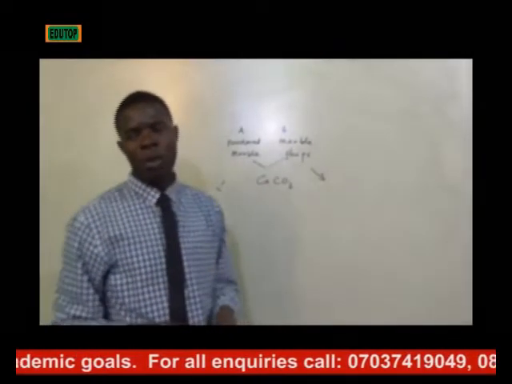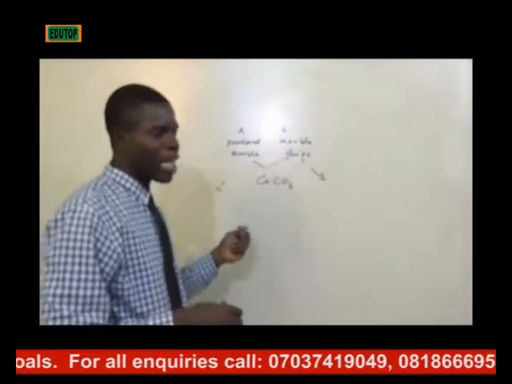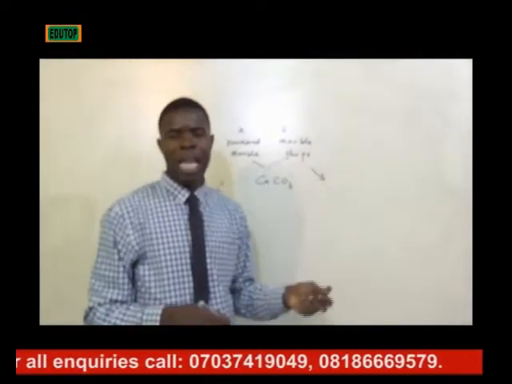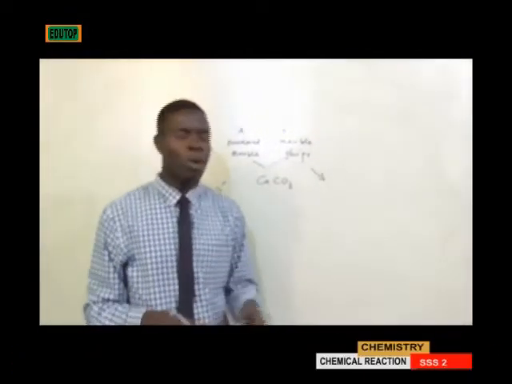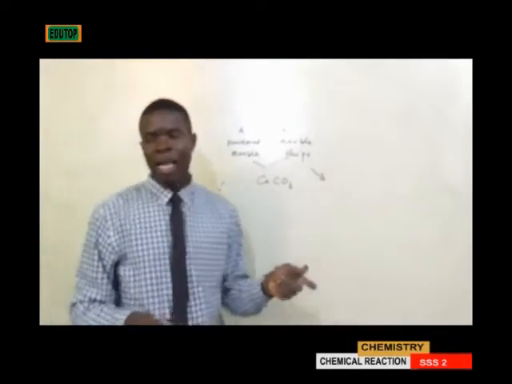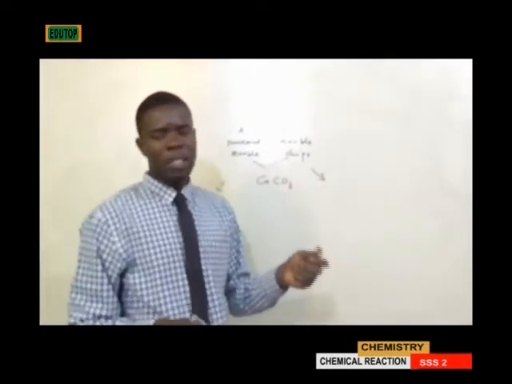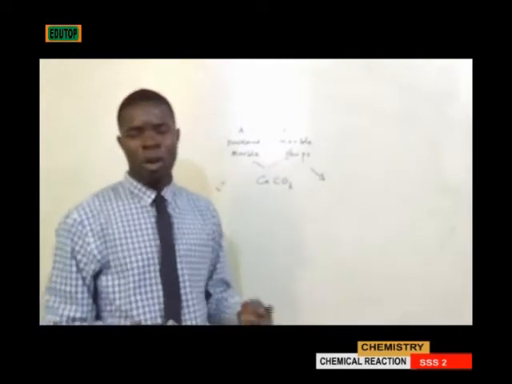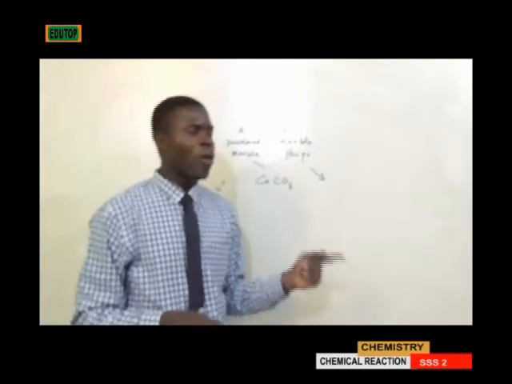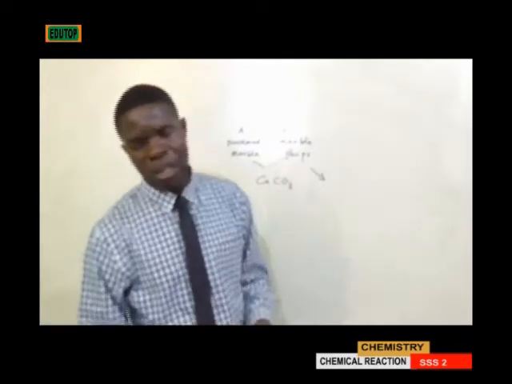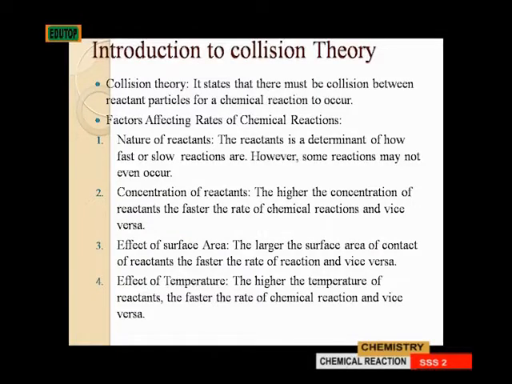And that is the effect of surface area, which justifies that the larger the surface area of contact of reactant, the faster the rate of reaction. And the smaller the surface area of contact of reactant, the slower will be the rate of reaction.